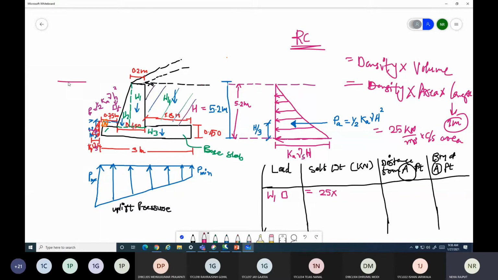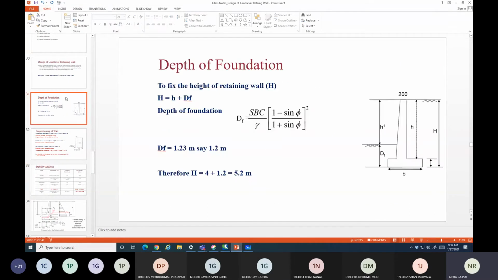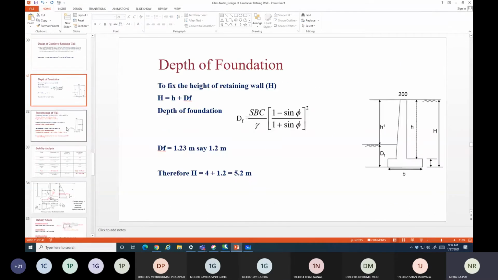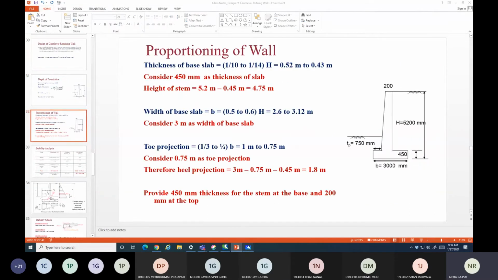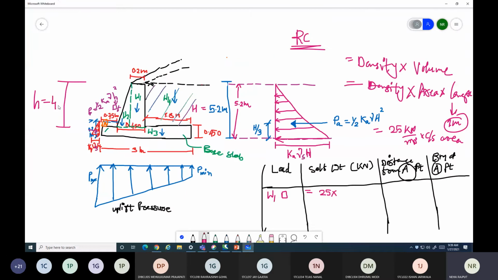Now height of stem up to this point, small h, is 4.75 meter. So 25 into 4.75 into 0.2 into 1.